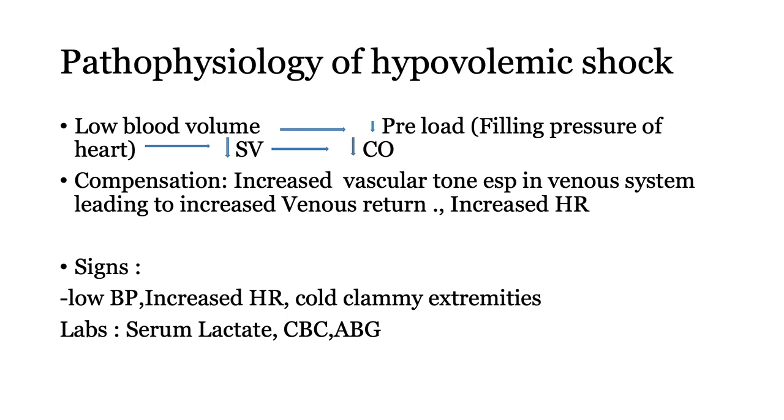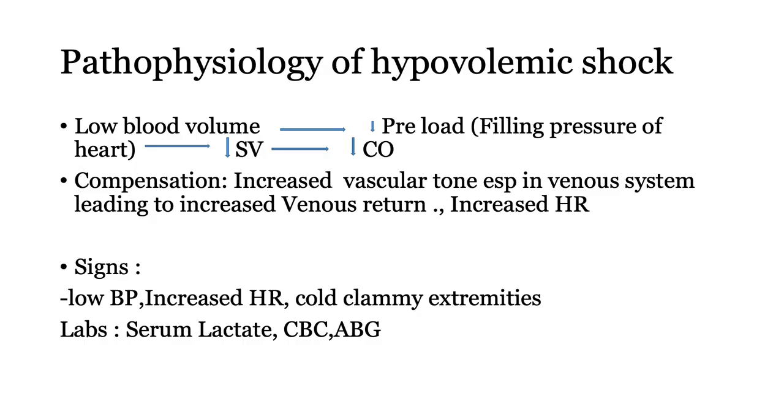So signs of this shock, we shall have a low blood pressure and an increase in the heart rate, which is compensatory. We shall have cold, clammy extremities, which is because of peripheral vasoconstriction. And then for laboratory tests, you can carry out serum lactate in order to see the severity of shock.